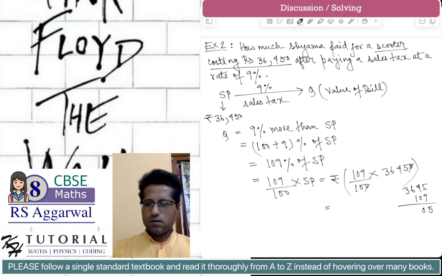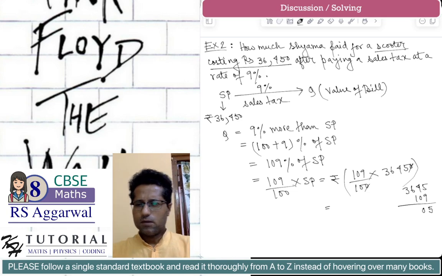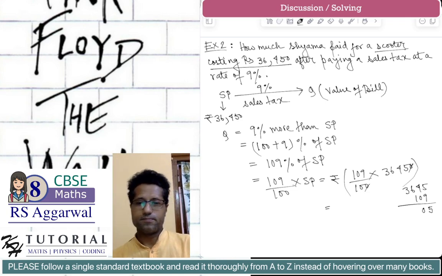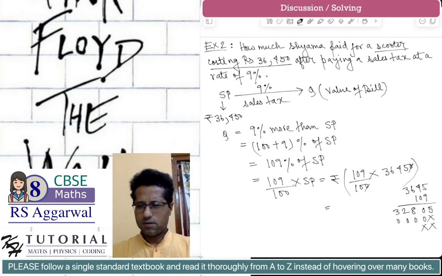Okay, so 3645 multiplied by 109. Okay, 45, 36, 40, 54, 58, and 27, 32, and then 0, 0, 0, 0, and then we have 5, 4, 6, 3.